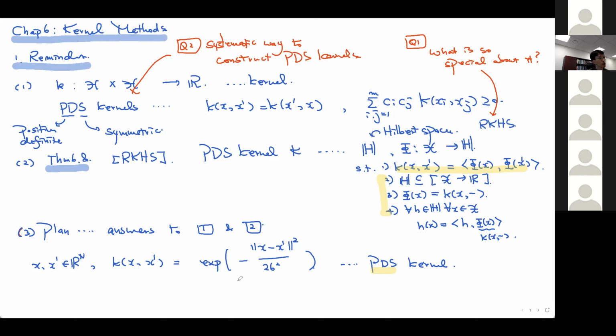But if you want a better understanding, or to improve your approach, you need deeper insight into what's really going on. One way to gain that insight is to ask what the feature space associated with this PDS kernel is. At least a reasonable, if not formal, understanding of the feature space may help you see what's really going on here. So this is the other thing that we're going to do.